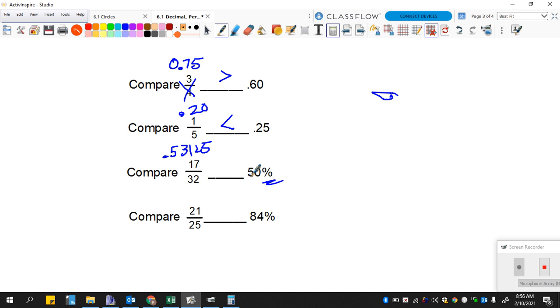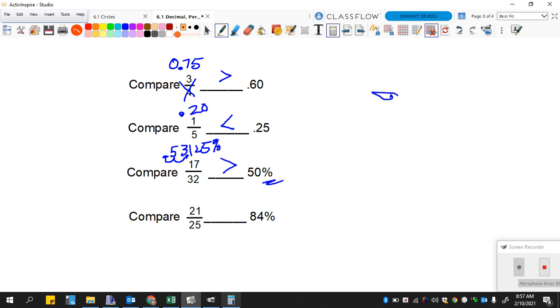It doesn't really matter. Easiest thing is I'm going to convert this to a percent, 1, 2. So this would be 53.125, okay? And so 53.125 is larger than 50%. So that would be 53.125%.